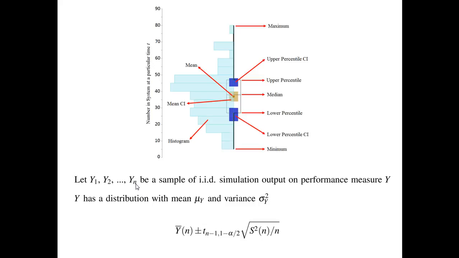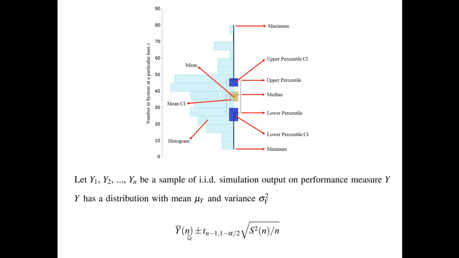And similarly, yn represents the number in system at exactly 2 p.m. in replication n. So I have this sample of IID simulation output, and I can use this formula to form my confidence interval around my sample mean.